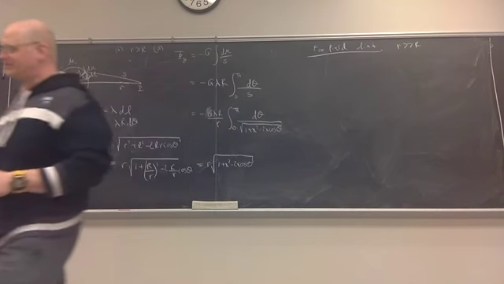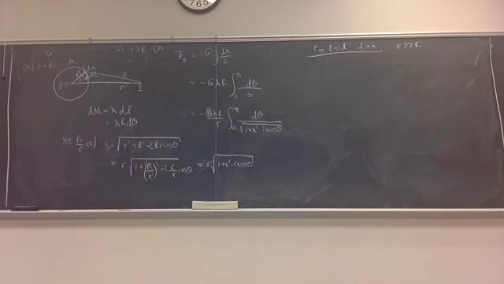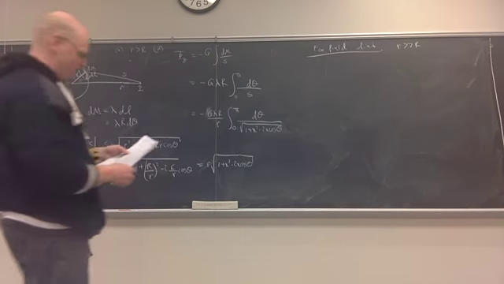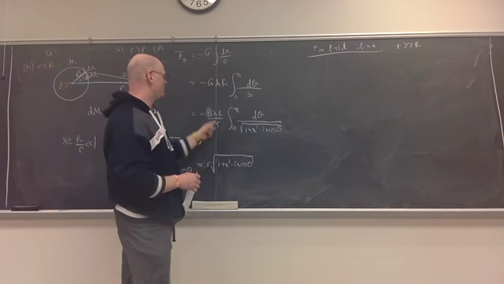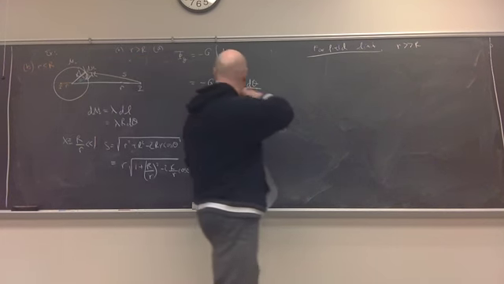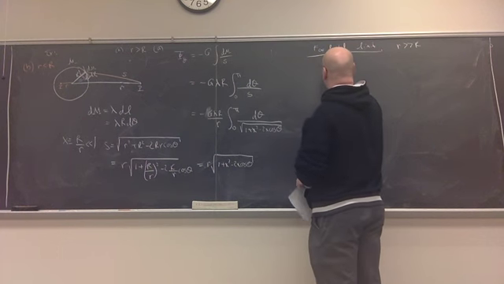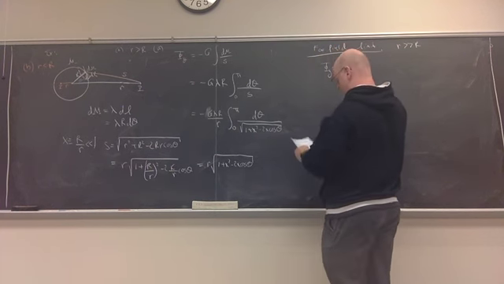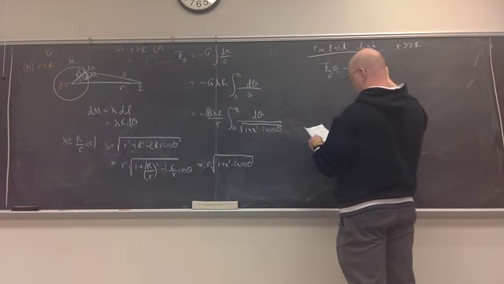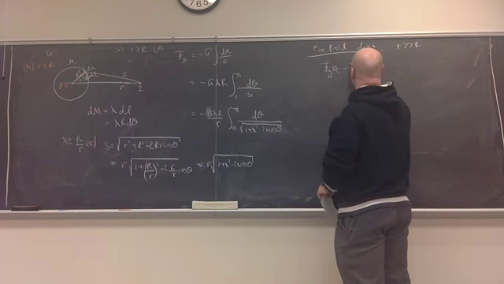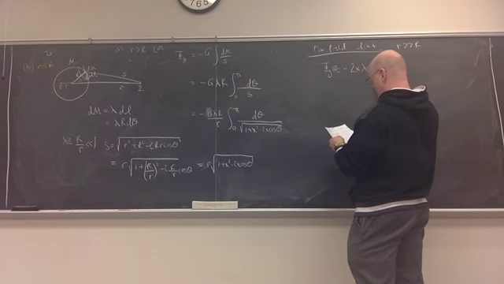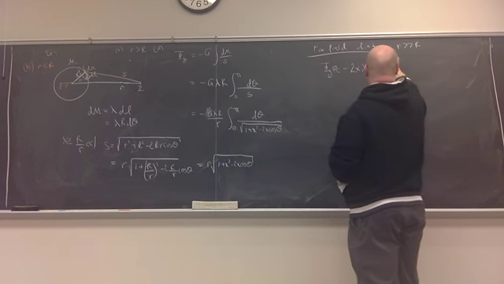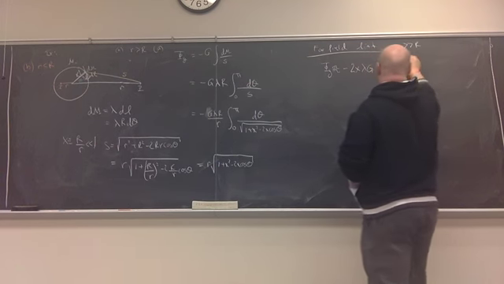If we Taylor series expand that denominator, that'll give us a better approximation of what this thing actually is. And r divided by R here is the same thing as x. So if we Taylor series expand, this becomes approximately equal to minus, we pick up a factor of 2 from this Taylor series expansion, so it becomes minus 2x lambda G, integral from 0 to pi d theta.